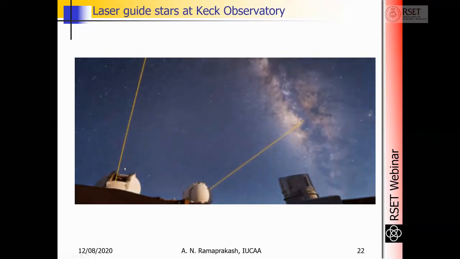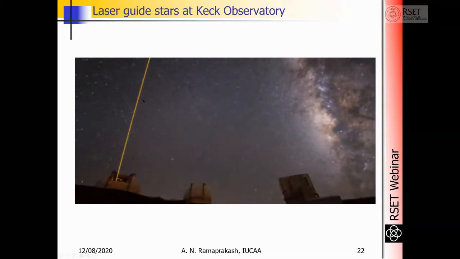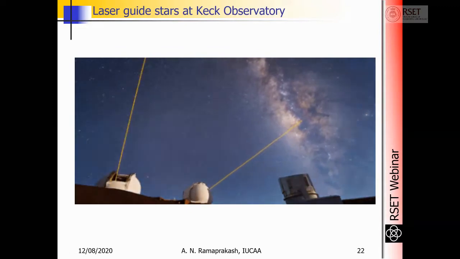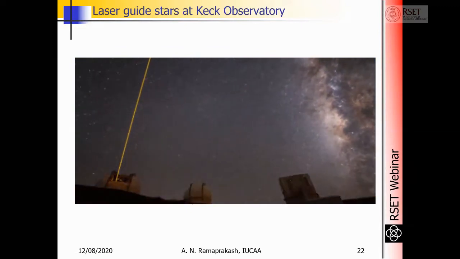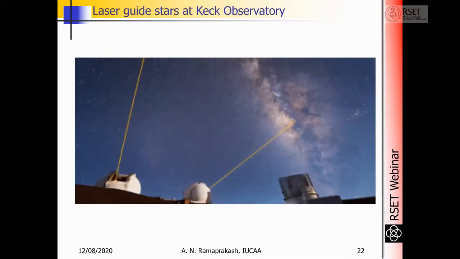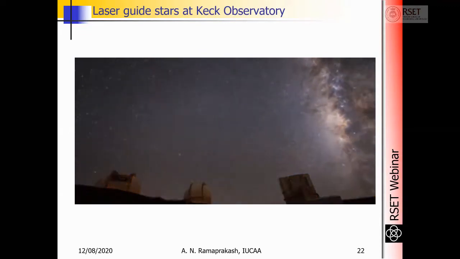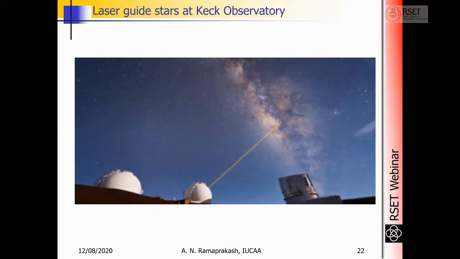Now, as the telescopes become larger and larger, it is not enough to have one laser beacon. The telescope will need multiple laser beacons to create a tomography of the turbulence in the atmosphere. And that tomographic decomposition means it is not enough to just measure the turbulence as one layer of the atmosphere; you have to measure at multiple layers of the atmosphere.